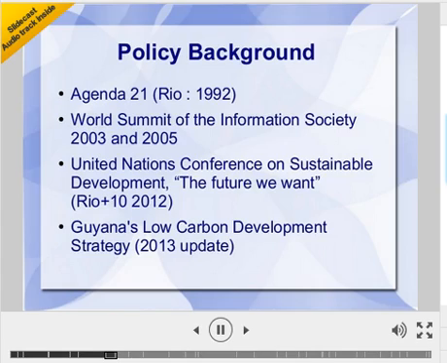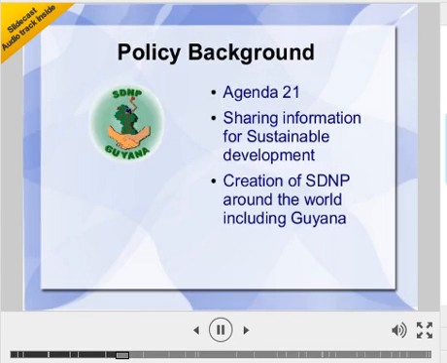So I'm just going to show how ICT and the use of ICT fits into these policy documents and the history of it. Agenda 21 says that ICTs could be used to share information for sustainable development among stakeholders. Very simple line within that document.